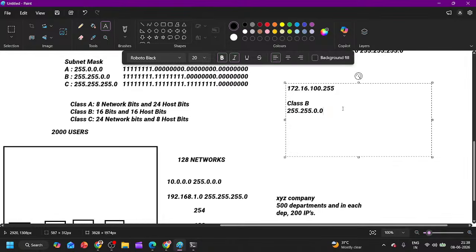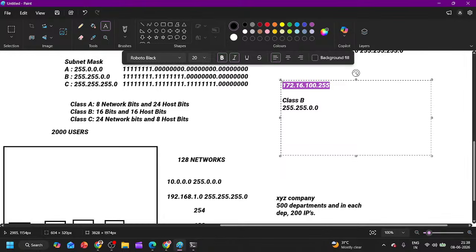This is my subnet mask for class B. It means there are 16 network bits. First, tell me one thing. What is the network ID of this IP? How have you calculated the network ID? You can understand the second network very easily. Because it's class B, the first two octets are the same, and the last two octets will be changing.